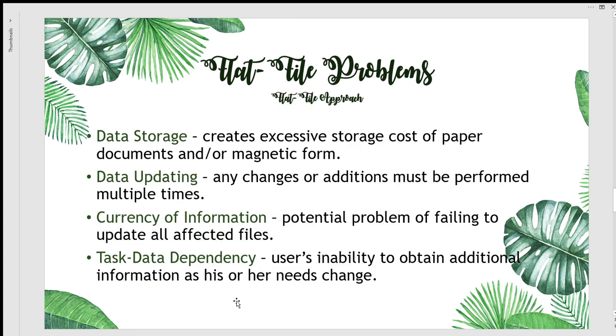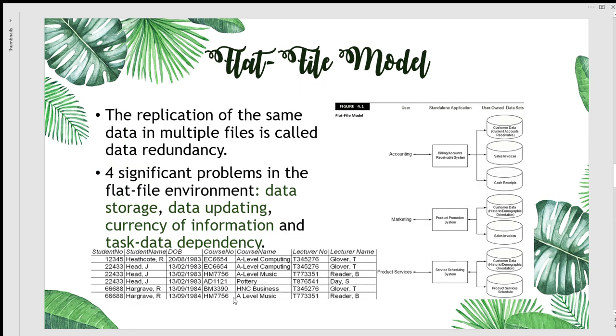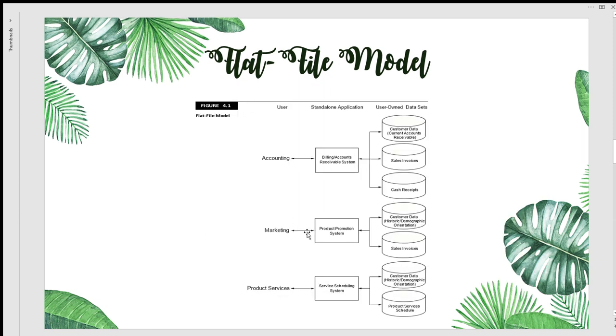Okay. So, currency of information, potential problem of failing to update all affected files. Sabi ko nga kanina, kailangan isa-isa silang magpapalit ng information or mag-a-update. Dahil nga yung data updates are not done simultaneously, merong possibility na yung ibang files hindi maging updated.